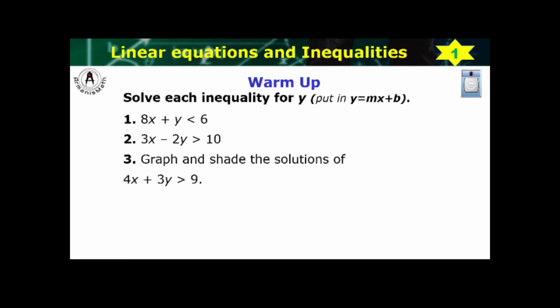Now we're going to move on to the other part, which is inequality. Inequality is exactly the same as lines, equations, with one exception. It's not just going to be a point of intersection. It will be something called a region of intersection.